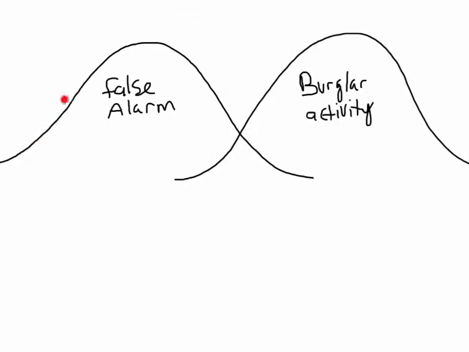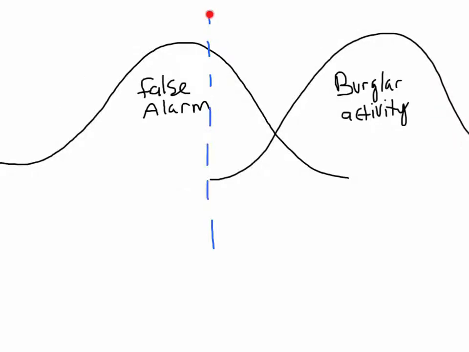So on this graph, we're representing everything that can set off your car alarm that is not a burglar. And then here we're representing every possible way a burglar could set off your alarm. If you set the sensitivity so high that it will catch every burglar if it happens, then an extremely high number of things that are not burglars will also set off your car alarm.